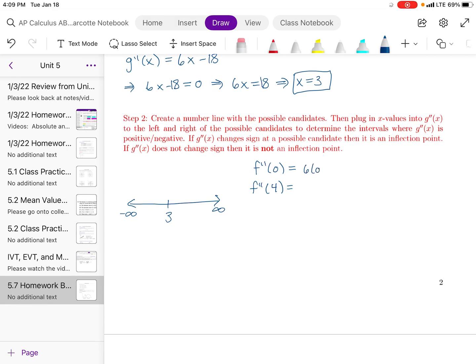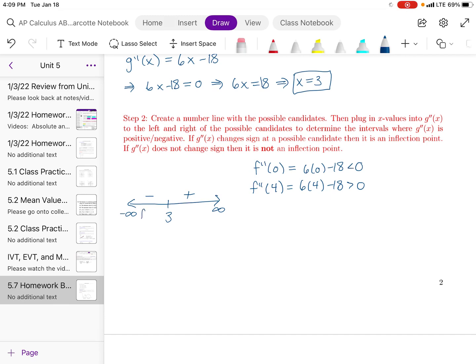Okay, so 6 times 0 minus 18. This is definitely less than 0, so this is going to be negative. And then 6 times 4 minus 18. That's definitely going to be a positive number, so it's going to be positive. So since I changed sign at x equals 3, this is an inflection point.